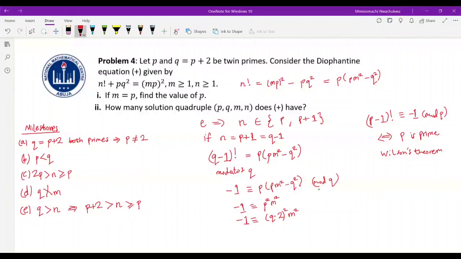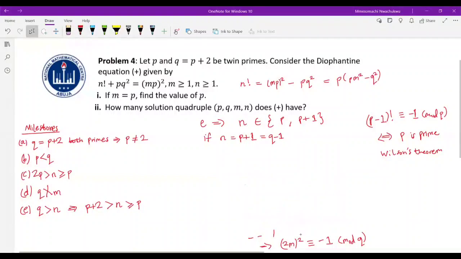So we can quickly get that minus 1 is congruent to 4m squared mod Q. So we have that (2m) all squared is congruent to minus 1 mod Q.